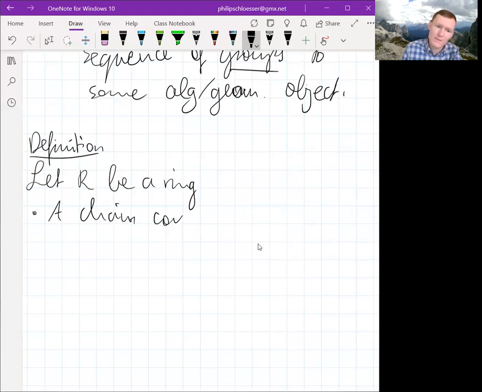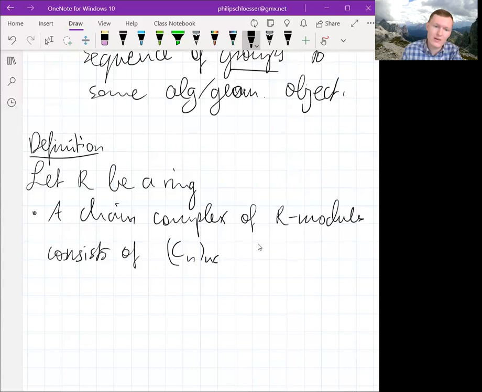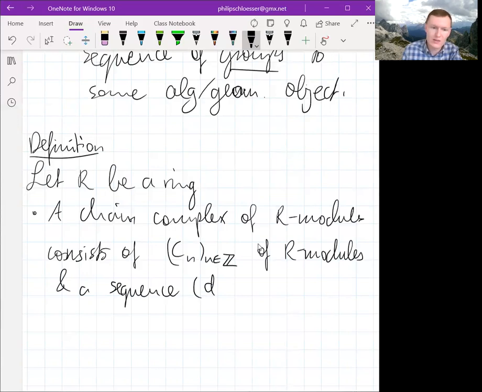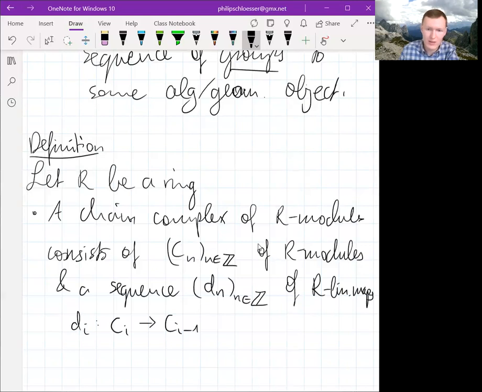So a chain complex of R modules consists of two things, namely a sequence indexed by the integers of R modules, and a sequence d subscript n, again indexed by the integers, of R linear maps, where d_i goes from C_i to C_{i-1}, and they have one property: when we compose two of them, this is 0.